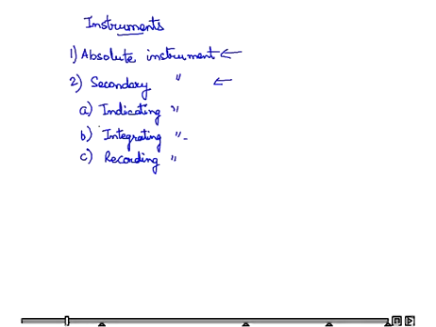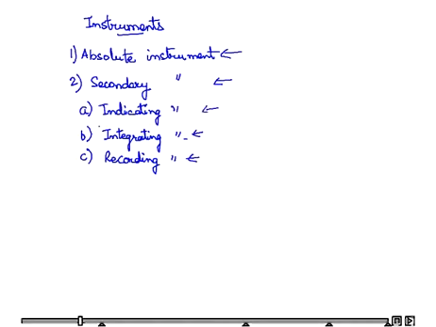Integrating instruments are those which measure the total quantity of electricity or electrical energy supplied over a period of time. And recording instruments are those which keep a continuous record of the variations of magnitude of an electrical quantity to be observed over a definite period of time.